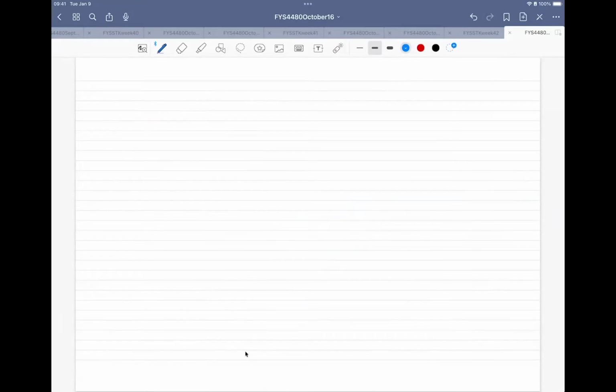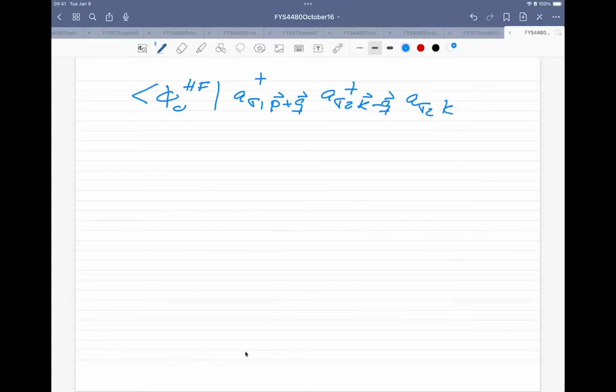So if you look at this type of calculation in more general terms, what we are going to set up now is phi 0 bra, and then we are going to look at a sigma 1 of p plus q dagger, and then an a sigma 2 of k minus q here, and then an a sigma 2 of k, and an a sigma 1 of p, and then phi 0 ket.